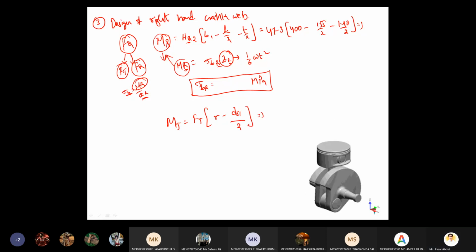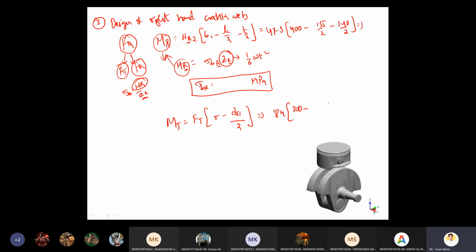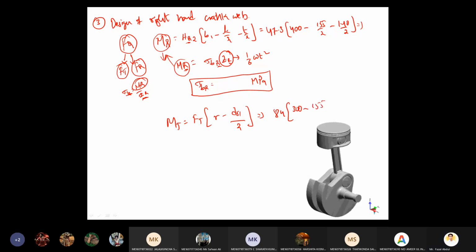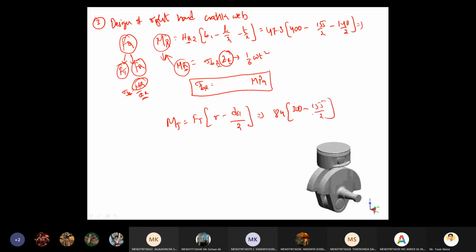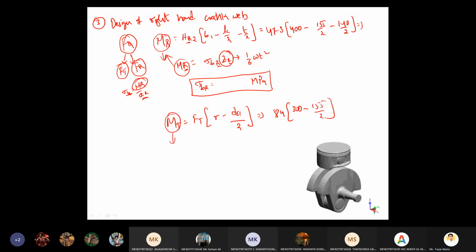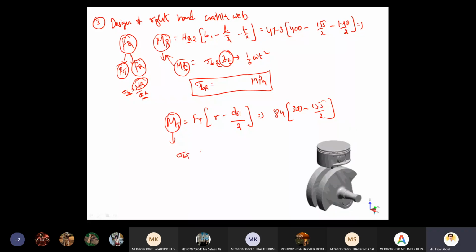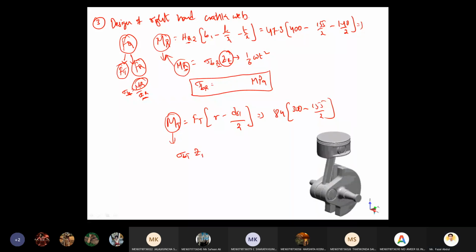That is 84 into 300 minus 155 by 2. And generally we know the equation for this, from the bending moment relation: sigma bt into section modulus t.